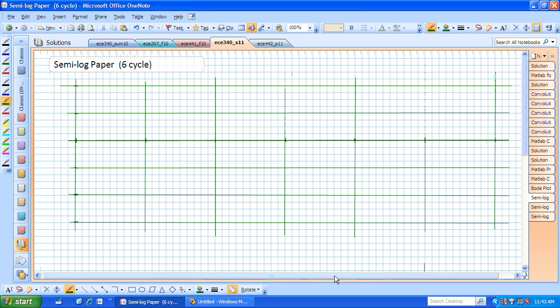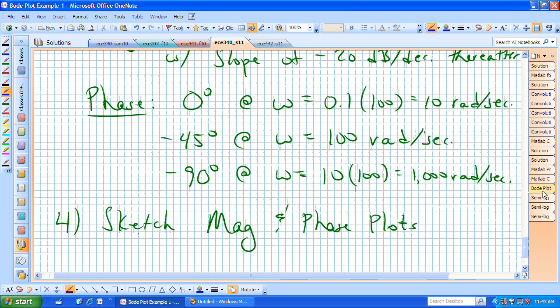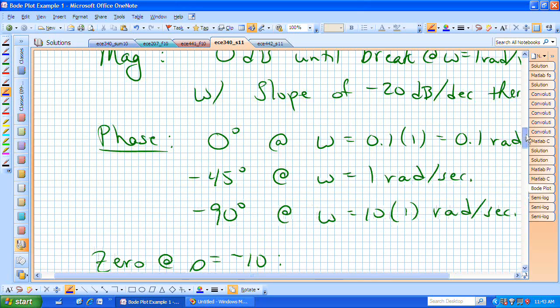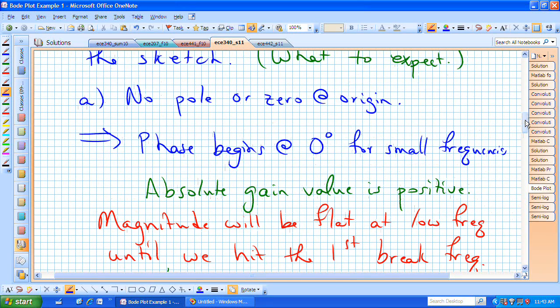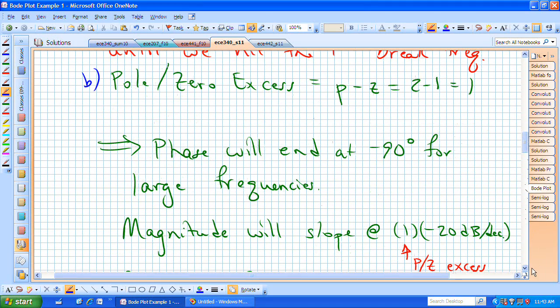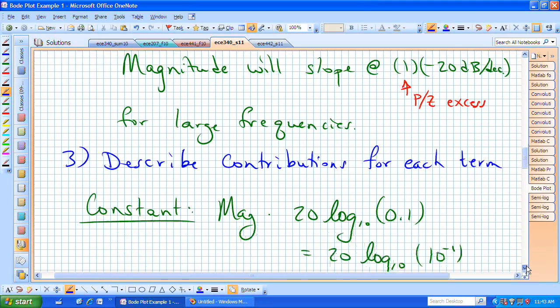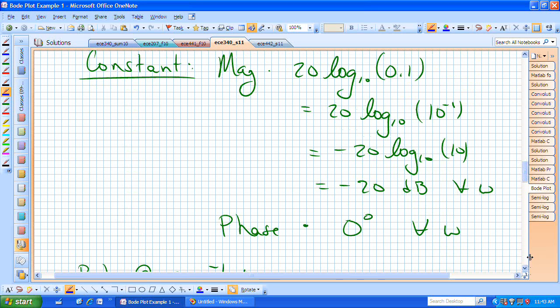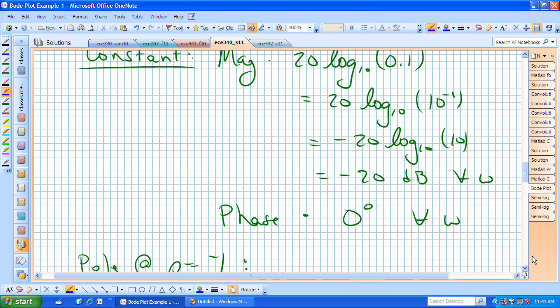Let's say that this is now going to be the magnitude of G in dB. And if you remember where we were starting, we did not have a pole or zero at the origin, which now says that at low frequencies we're just going to have the magnitude associated with our gain, or our constant, which is minus 20 dB.